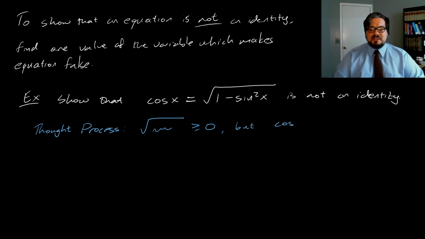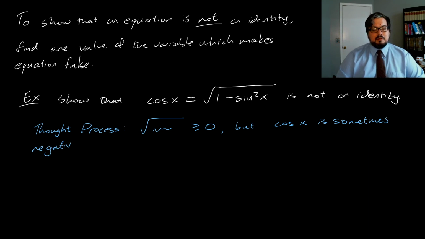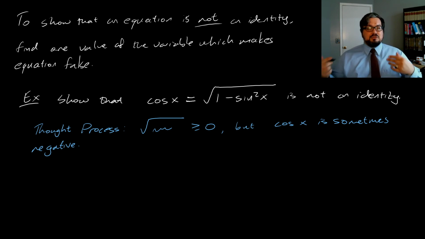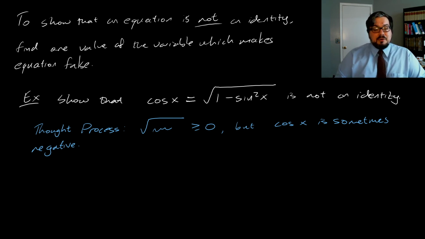But cosine of x is sometimes negative, which should indicate to us mentally that, well, then the two sides of this equation can't always be the same. So to show that, what we can do is try using some x that makes cosine x negative.